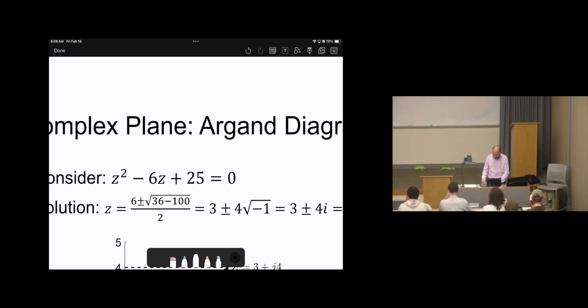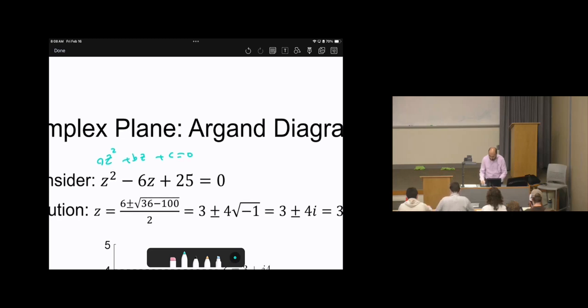Then, in order to find this, we can use the general formula for the quadratic equation, az squared plus bz plus c equals 0. Then, in order to find z, we can use the general formula to find the roots of the quadratic equation, which is negative b over 2a plus or minus the square root of the discriminant, which is b squared minus 4ac.